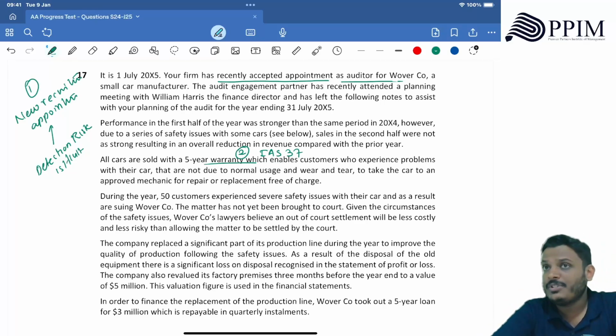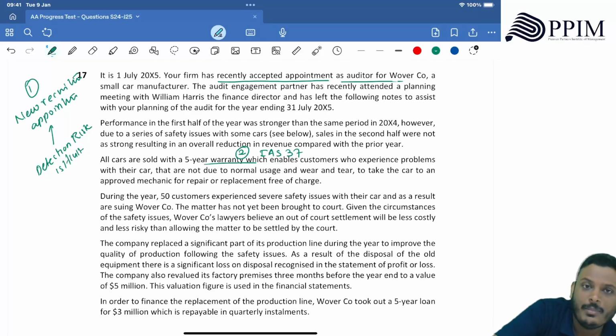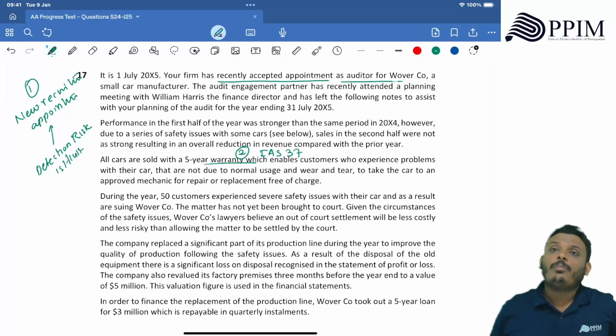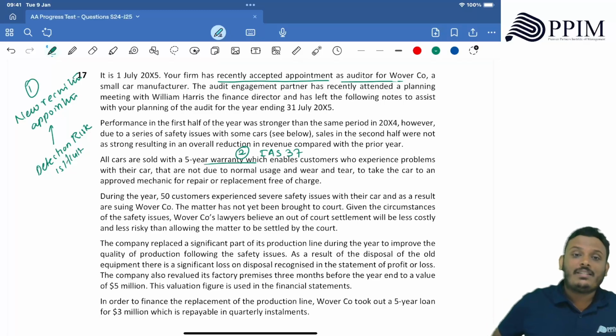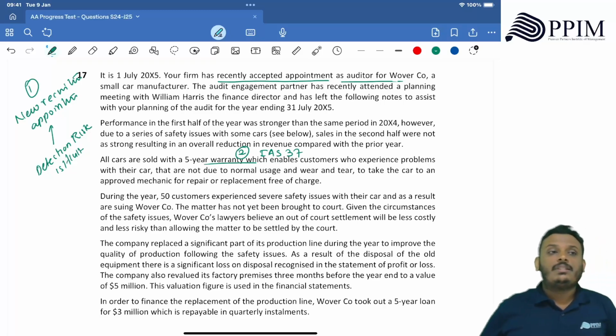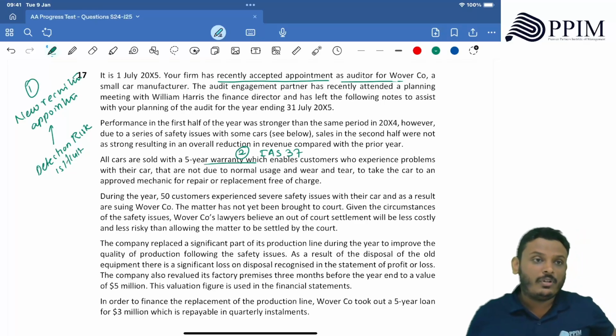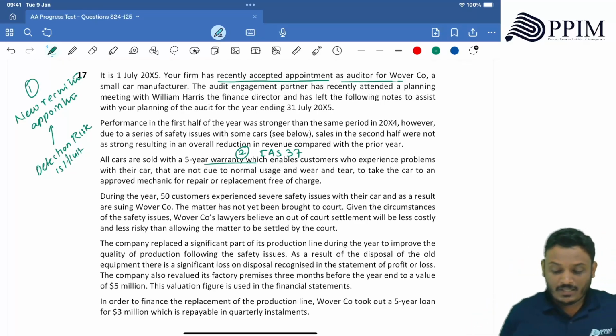This is a subjective estimate, and the IAS 37 standard clearly says it should be a constructive obligation. It's not just an obligation, it's a constructive obligation, and it should be a best estimate. Always keep that in your mind when it comes to provisions.